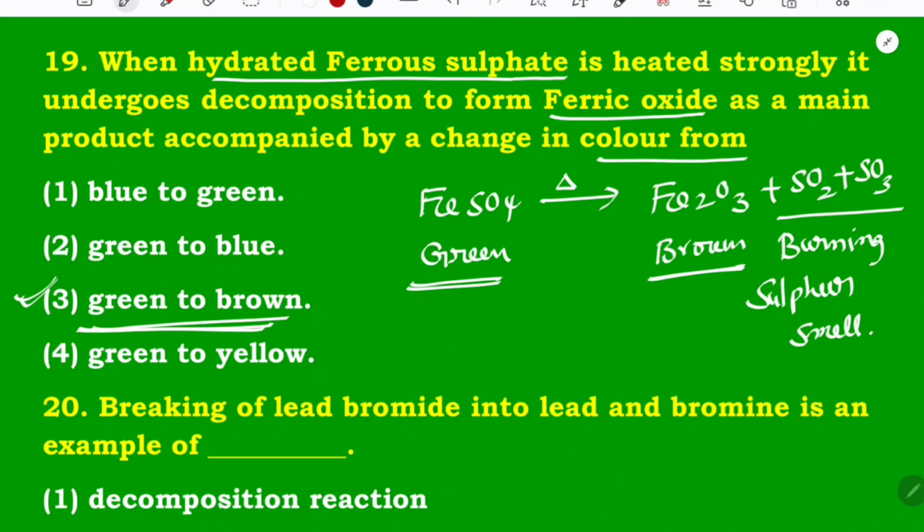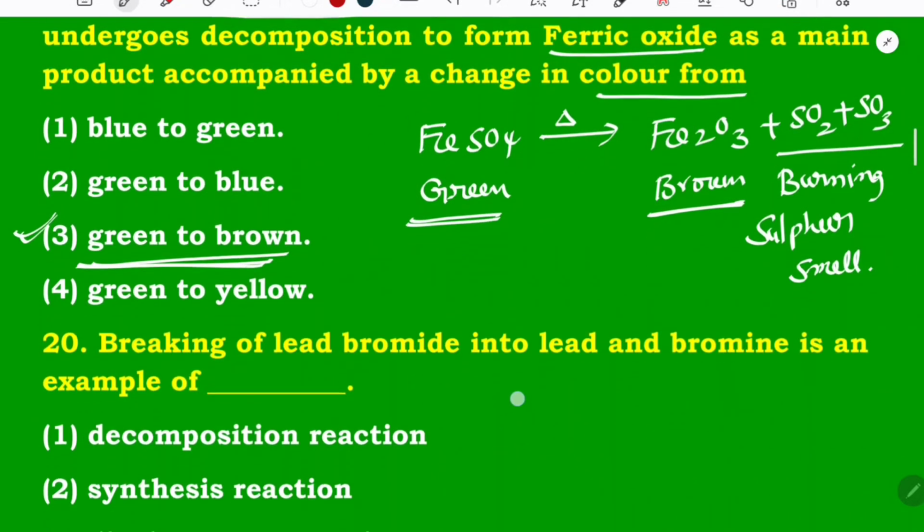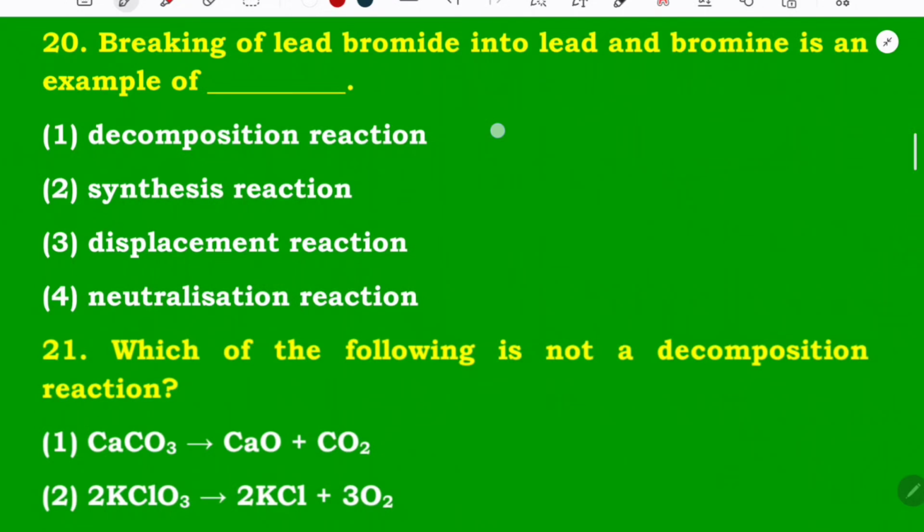So okay, next one: breaking of lead bromide into lead and bromine. Lead bromide means PbBr2. It is converting to Pb and Br.